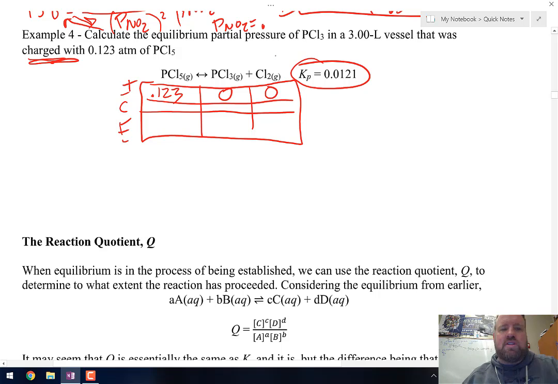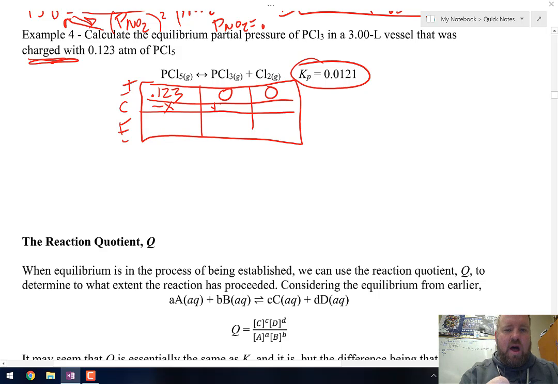And here's where it starts to get a little bit fun, okay? Because we do know, then that's it. We can't use the equilibrium to figure out the change. That's all we know. We do know that PCl5, though, is going to go down by a certain amount. We don't know how much, but it's going to go down by a value that we're going to call x. Okay, well, if PCl5 goes down by x, what's PCl3 going to do?